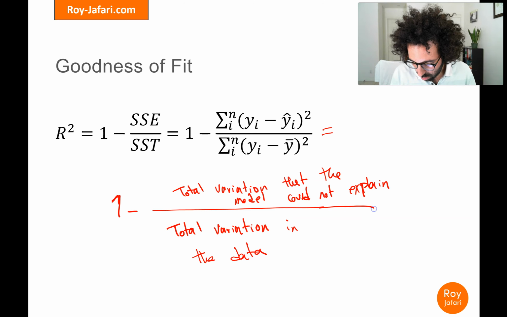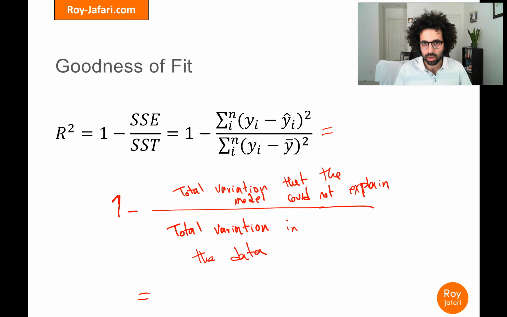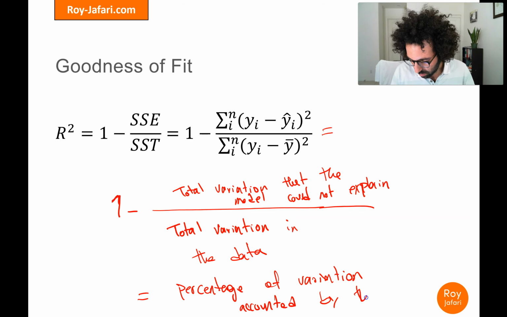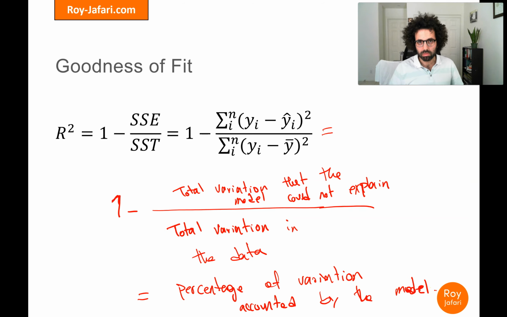Right? So basically what R squared is showing us is the percentage of variation accounted for by the model.